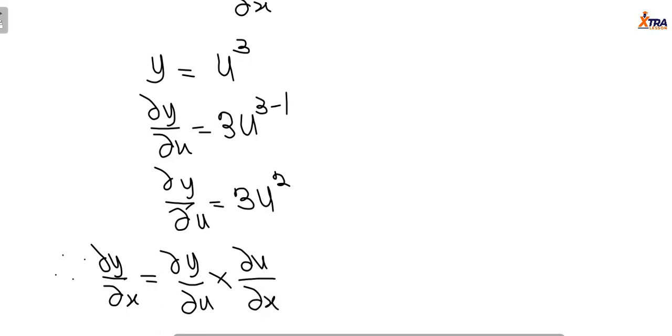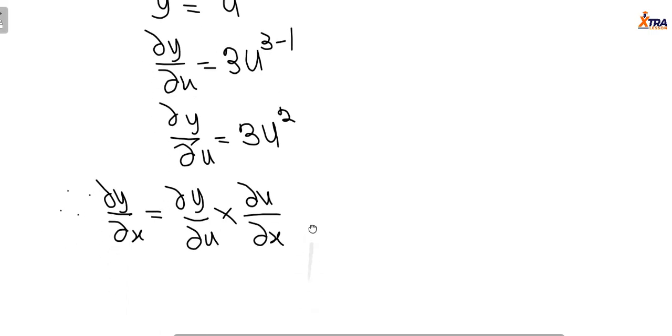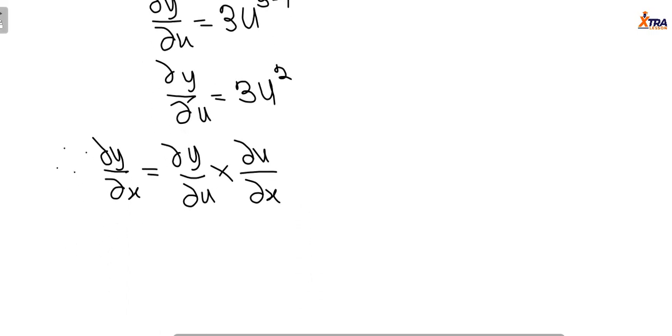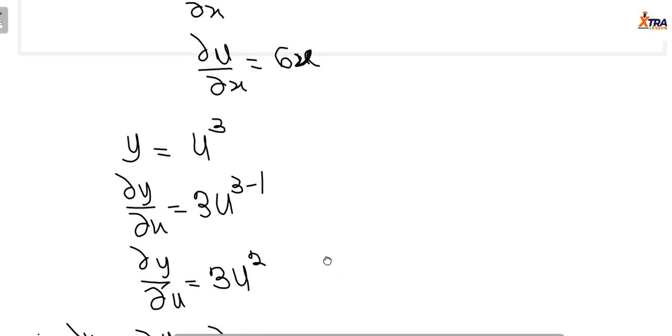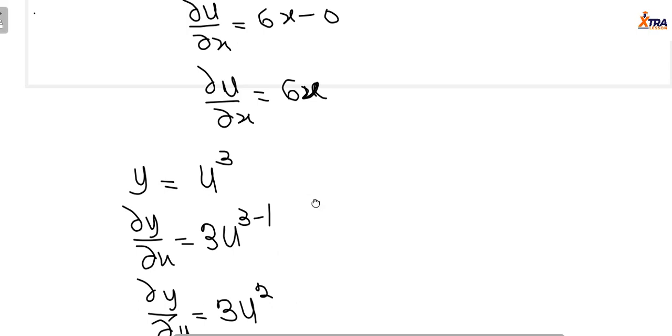Now let's substitute our values. We have dy over du, which is equal to 3u². We have dy over dx, which is equal to dy over du, which is 3u², times du over dx. du over dx is 6x.